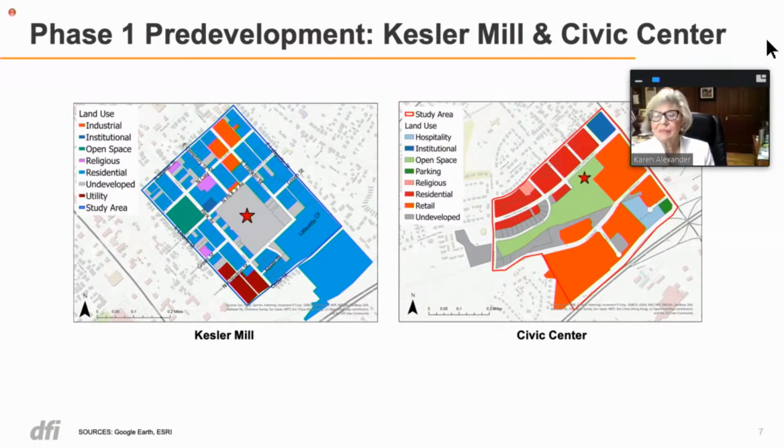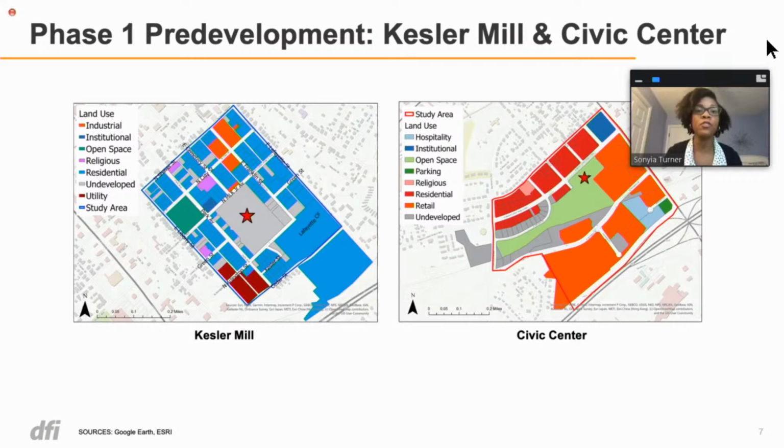Thank you. Does your analysis of the Kesler Mill site include the environmental conditions, or does it just include the opportunity for housing? Are you factoring that in as part of the equation? Thank you. So we are just focusing on the demand for housing. We are not looking at the environmental issues in this phase of our analysis.